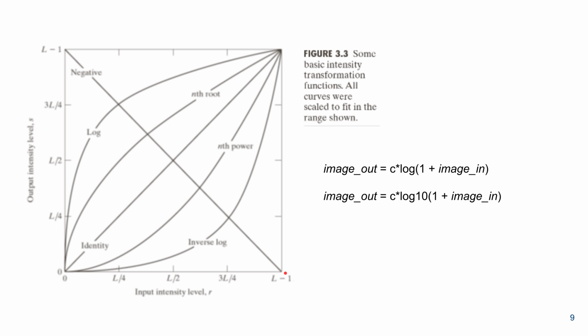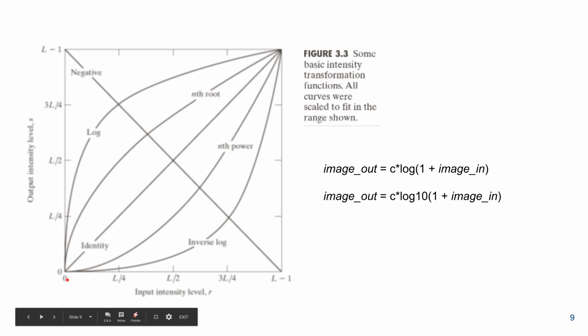If we look at the extreme value, 255, we can see that in the output image that's going to have a value of 0. So the maximum value in the input becomes the minimum value, so black becomes white. Similarly, in the input image, the brightest value is going to have the lowest output value.